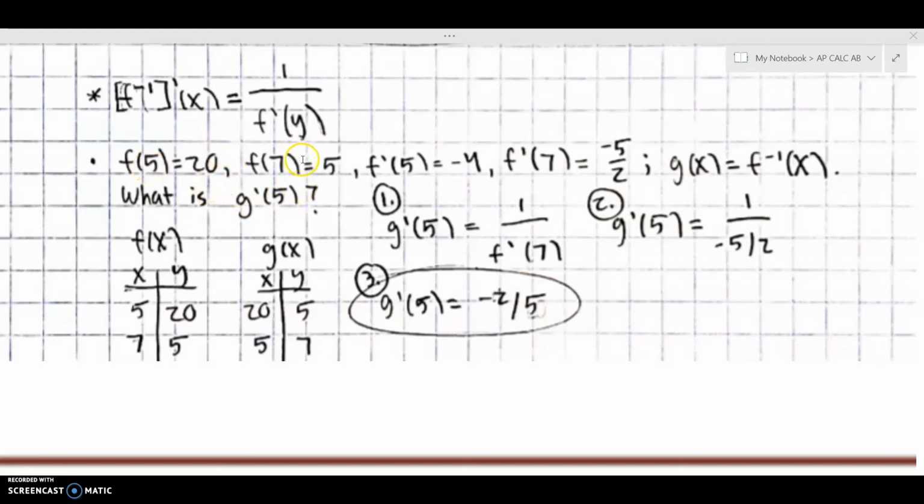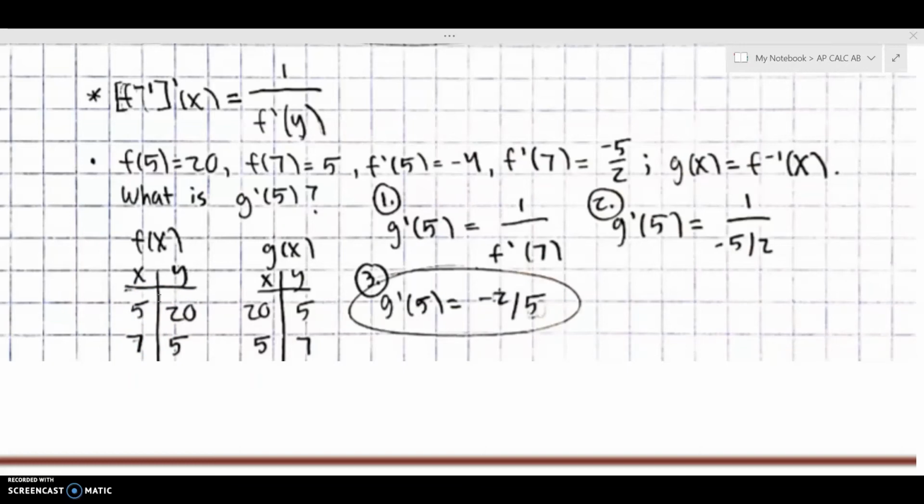So we have all these points here, so let's write them down. You have f of x, x values being these right here, of course, and the y values being those that correspond on the opposite side of the equation. So we have 5, 20, 7, 5, and we know that g of x is the inverse of f of x.